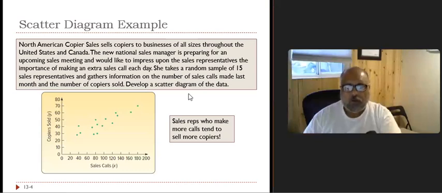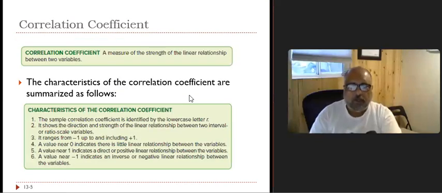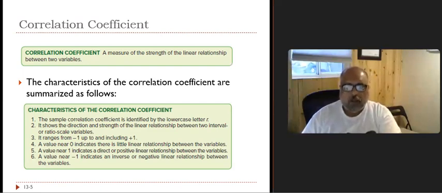All right, so a scatter diagram shows if there is a correlation or no correlation. But if there is a correlation, how strong is the correlation?